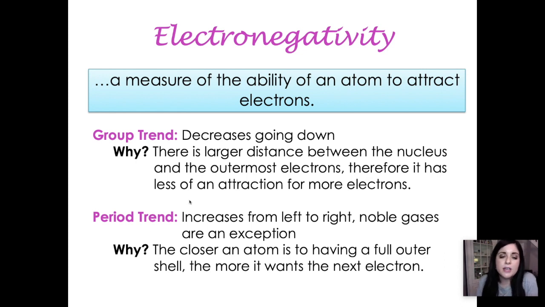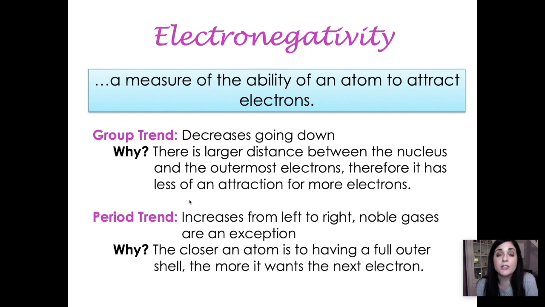We can also say the closer an atom is to having a full outer shell, the more it wants the next electron. Fluorine needs one more electron to be super stable like neon, and fluorine's going to do just about anything to get that one last valence electron. It is super electronegative. In fact, fluorine is the most electronegative element on the periodic table.